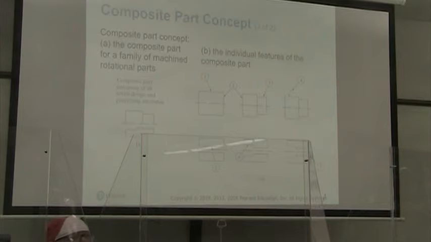All right, so the composite part, in this case, they're showing us the idea of a composite part for a family of machined rotational parts. All right, so the composite part would have two turned sections.